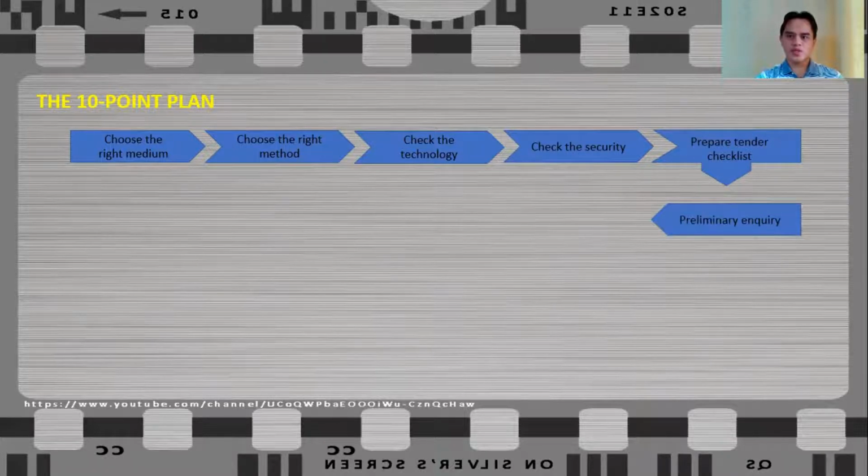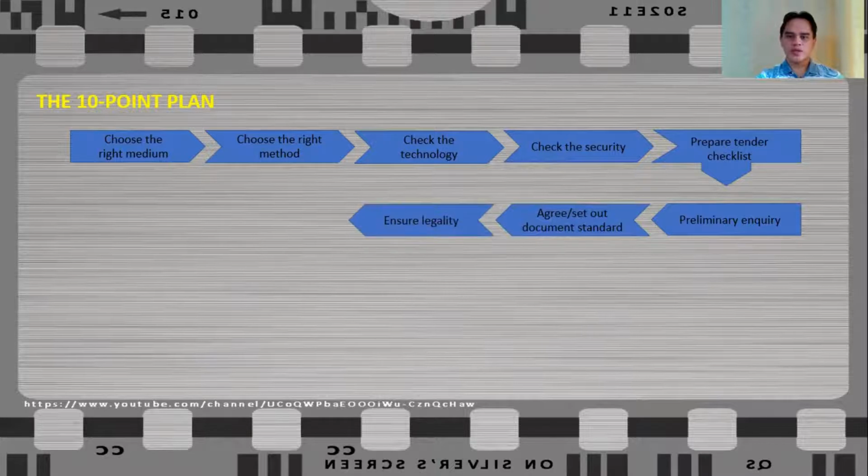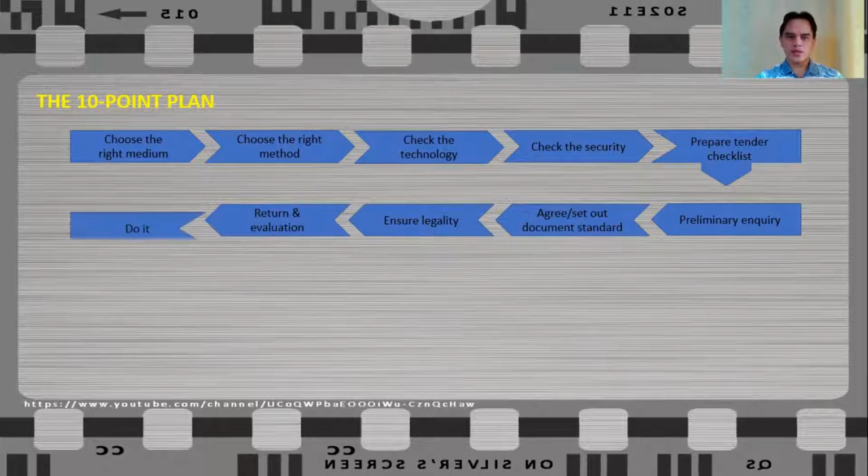Afterwards, you make your preliminary inquiry. Then you can agree and set out the document standard and ensure its legality. Next is the return and evaluation of tenders. And if everything is checked and set out, you proceed with your e-tendering procedures.